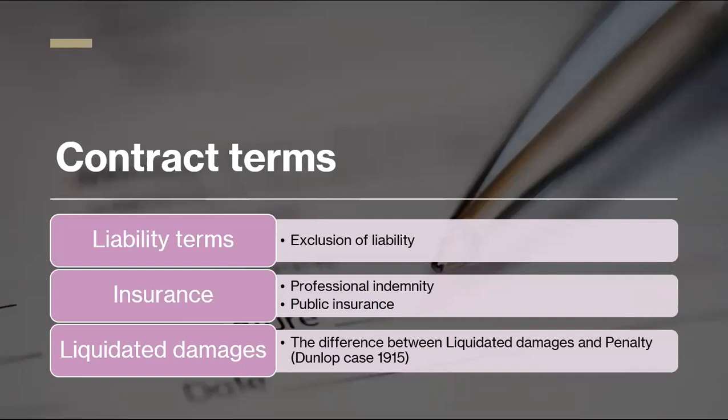To be valid, according to the old doctrine from the case in 1915, it must be predefined, and the amount defined must be a true estimation of possible loss. If the possible loss is substantially smaller than the liquidated damage, then that clause would be deemed a penalty, and such a clause would be ineffective.